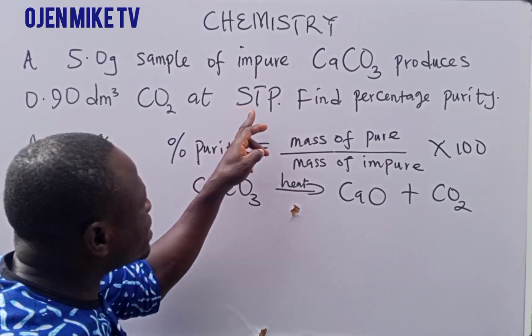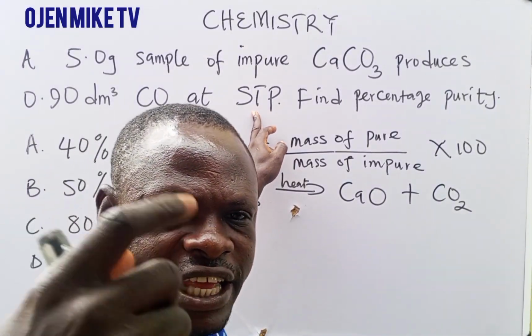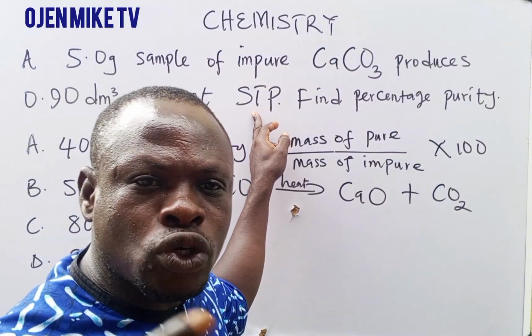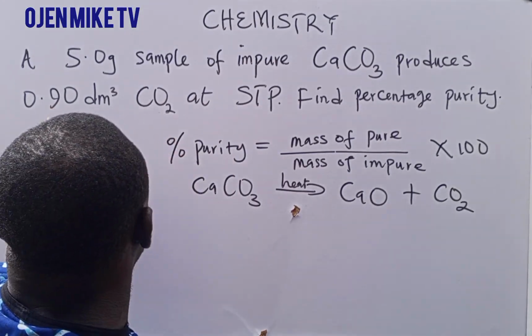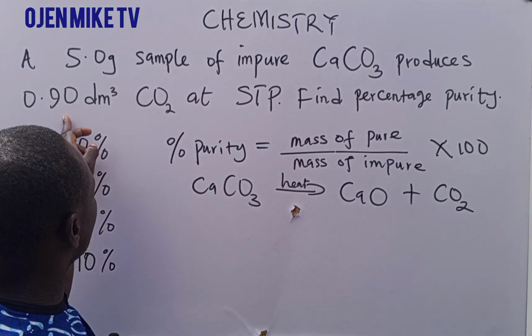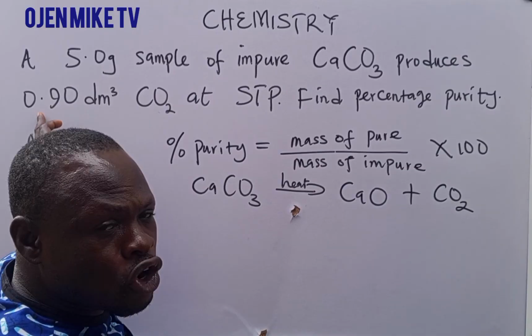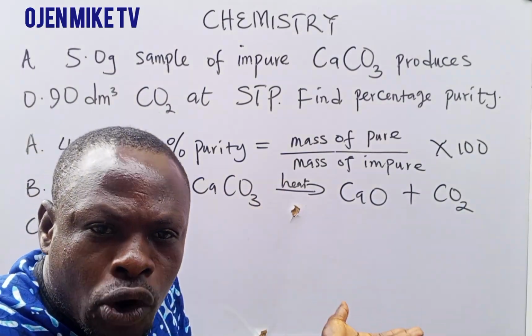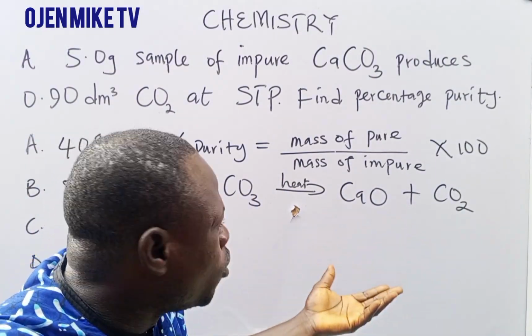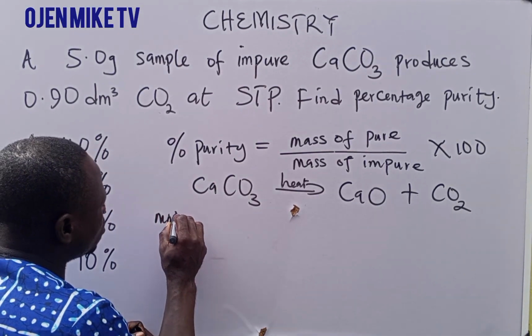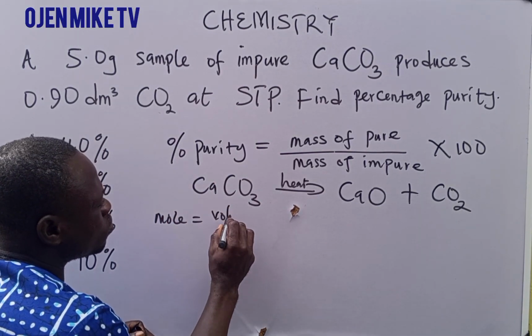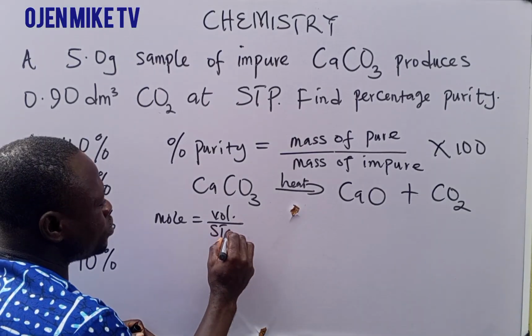Remember, at STP, the volume of any gas is given as 22.4 dm³. We are given the volume of carbon dioxide as 0.90, so we need to find the mole. Since it is at STP, mole is equal to volume over 22.4.